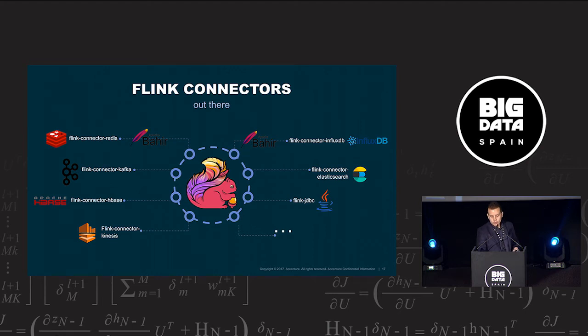However, it is planned to move all the connectors to another Apache project called Bahir, that Rubén mentioned before. So with this connector, we are contributing directly to the Bahir community instead of the Flink one.